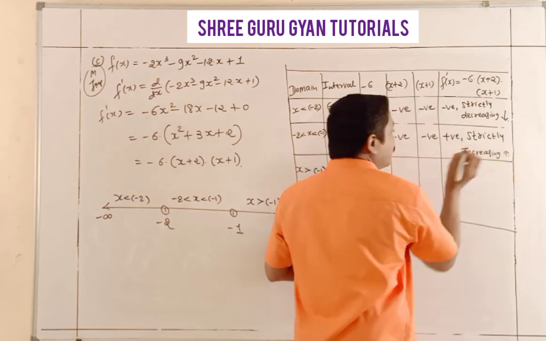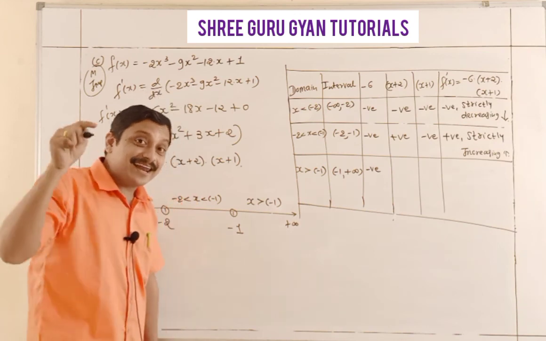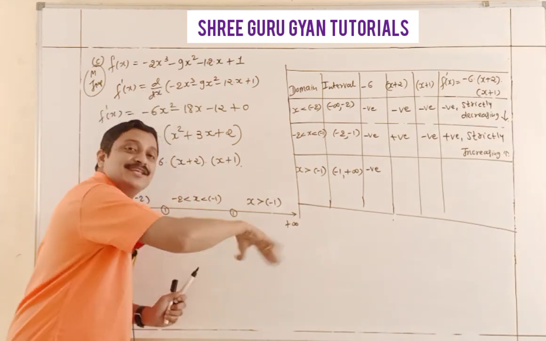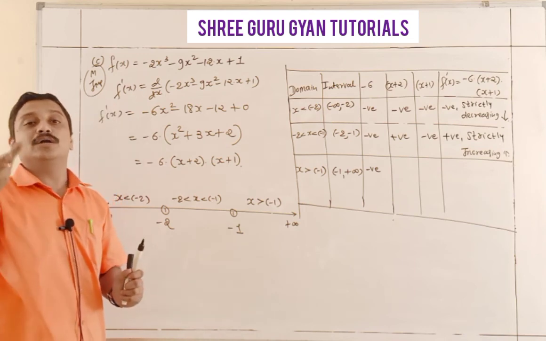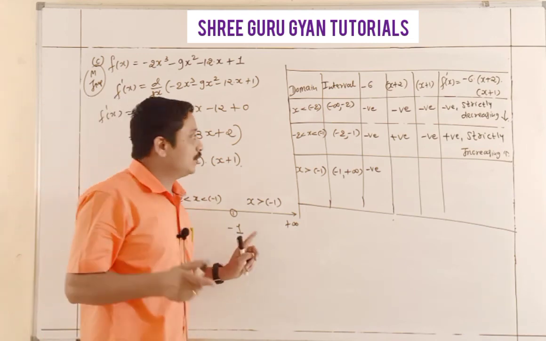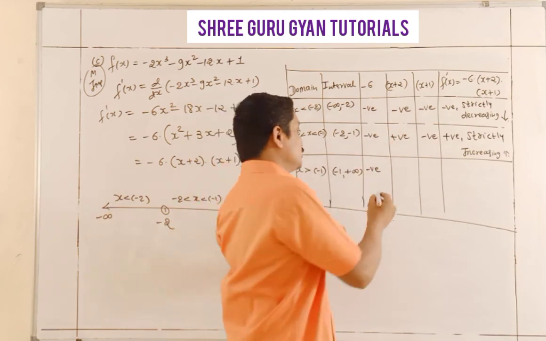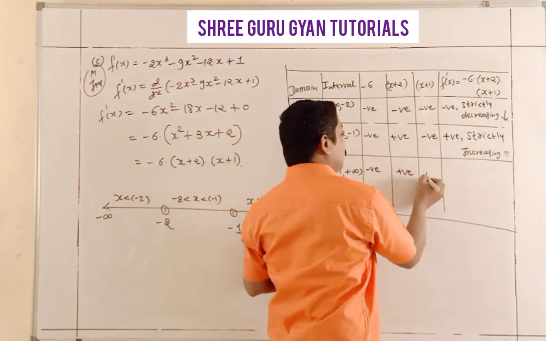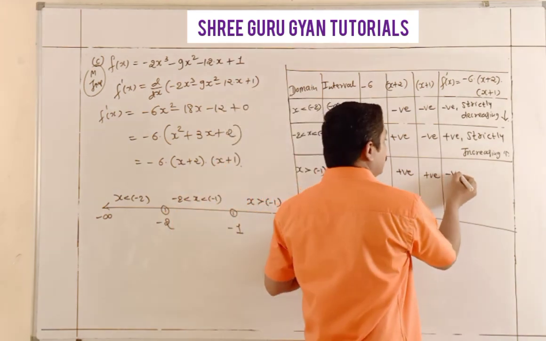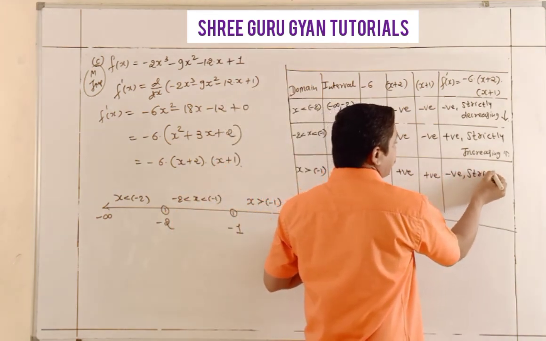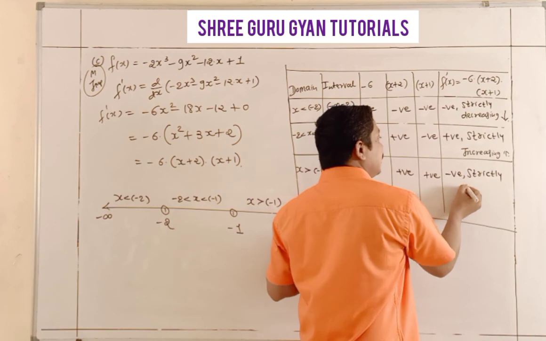Here is your second answer. And now the third, more than -1: students assume more than -1 means 0, 1, 2, 3. I take 0 and apply here. It is positive, here positive. Total multiply is negative. So my answer is strictly decreasing.